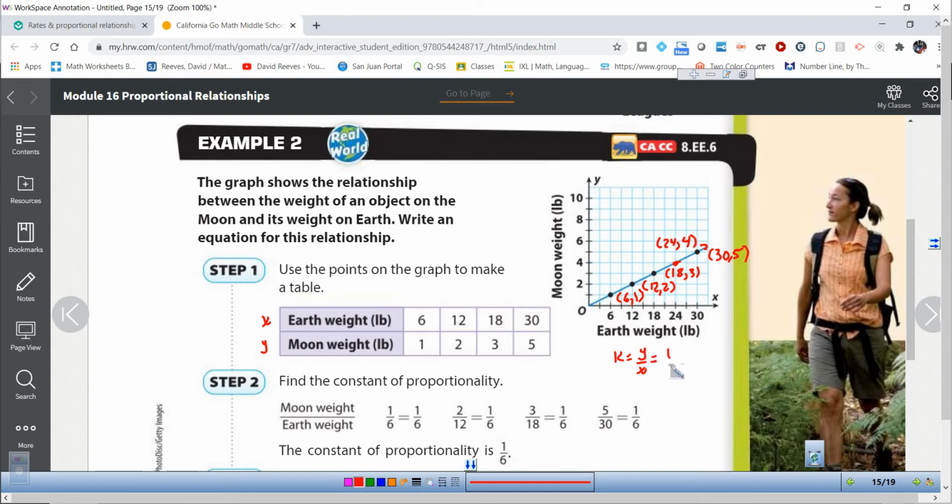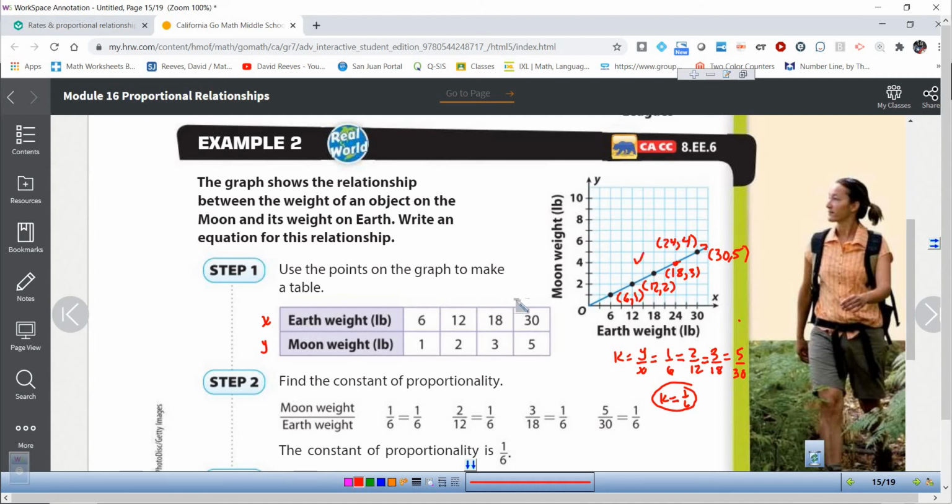So in this case, it's not 6, it's 1/6, right? I always want to put the bigger number on the top, because in this case, the bigger number is on the bottom. So k is 1/6, right?